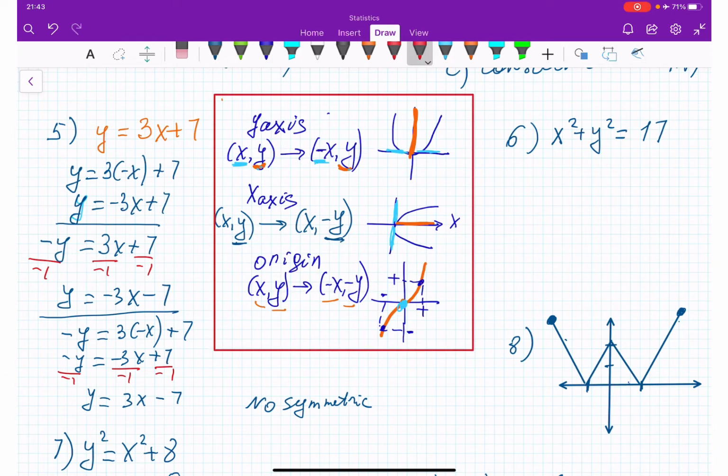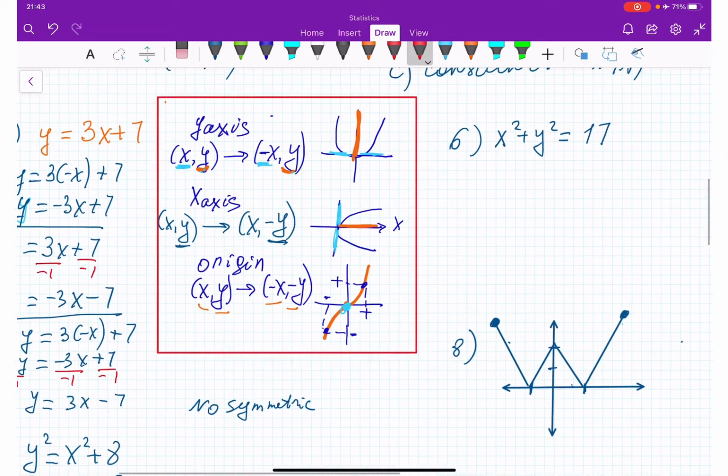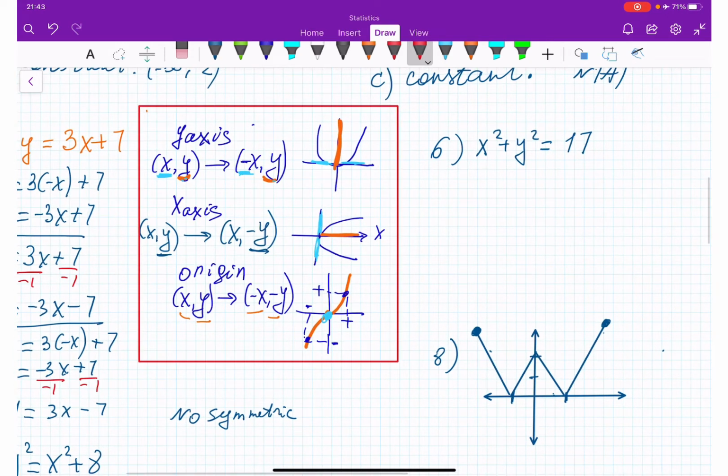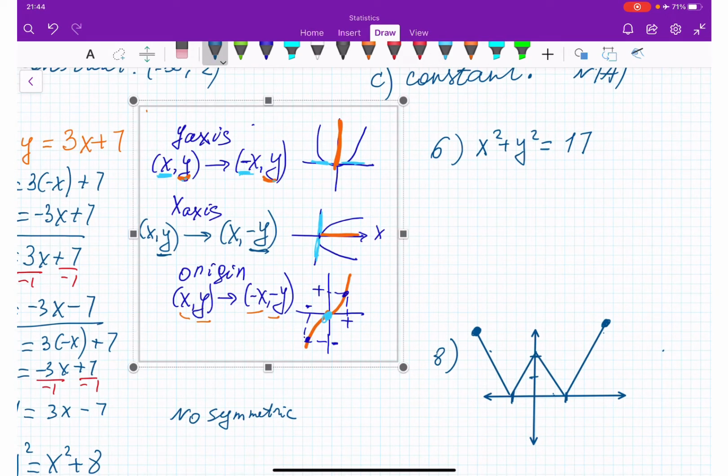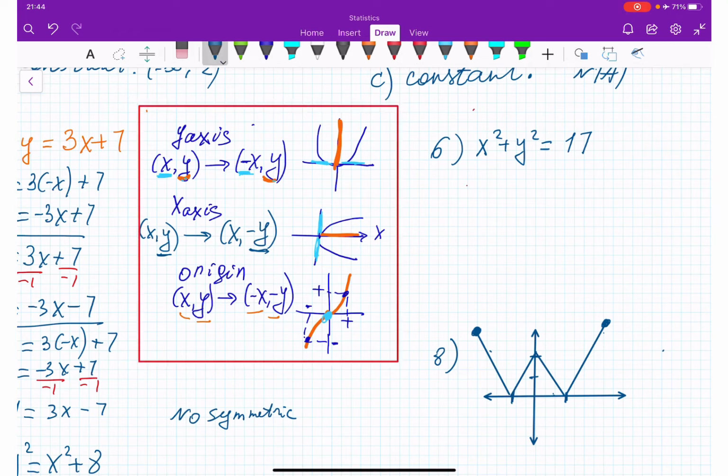There we go. So you can use this template. It will be right in front of you. So we are going to use the same thing for number 6. All right, well, let's see what we have.